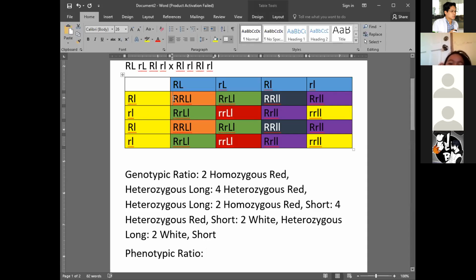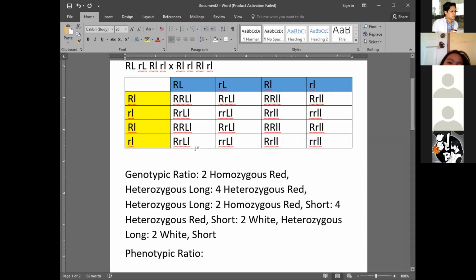Okay. Let's check on the genotypes. I will remove the colors. Let's check on the genotypes. We have 1.